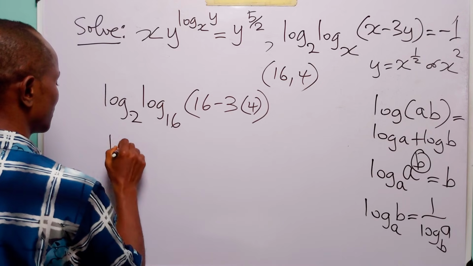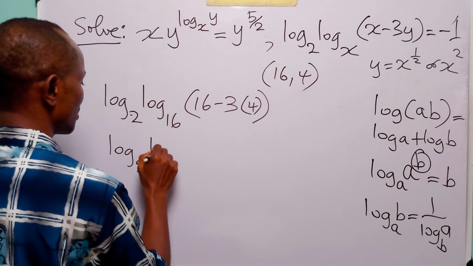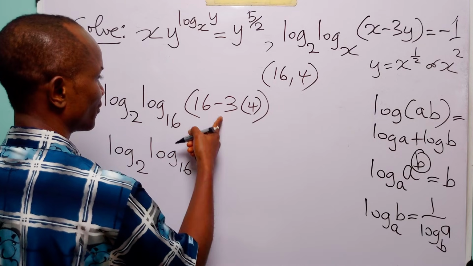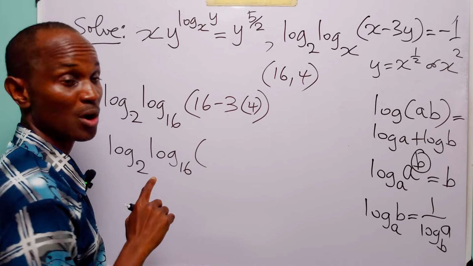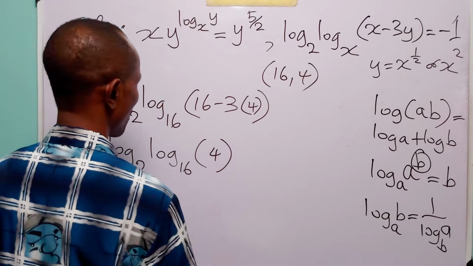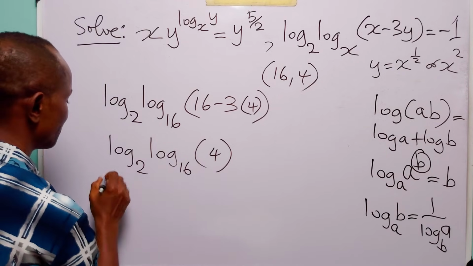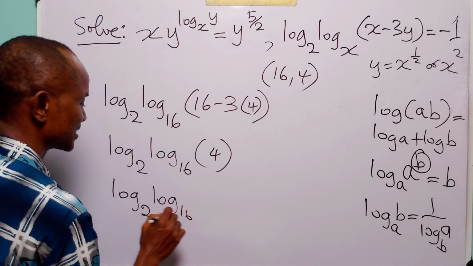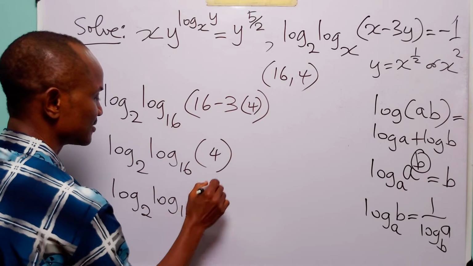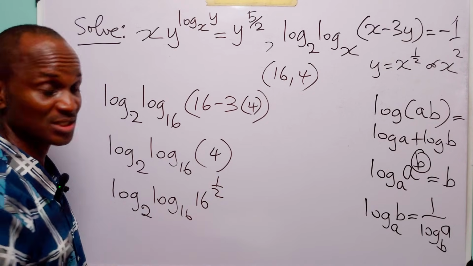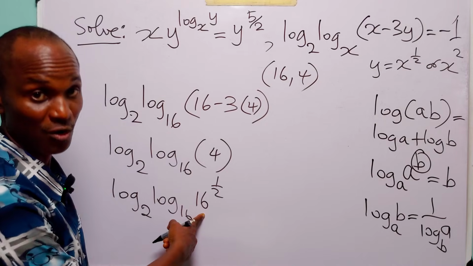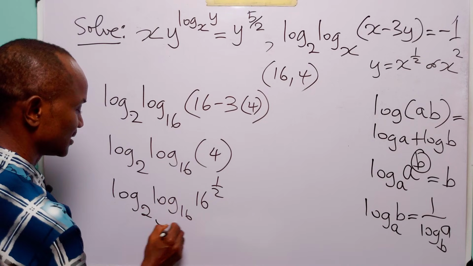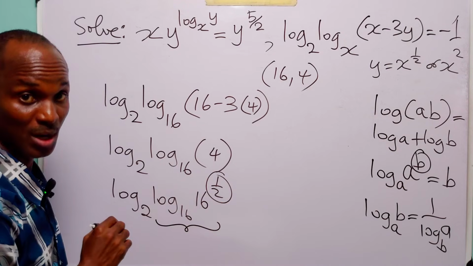So here we have log to base 2 of log to base 16 of 16 minus 12 is 4. This can be written as log to base 2 of log to base 16 of 16 to the power half, because once more, 4 is the square root of 16. We go back to this law. So you can see that this is simply equal to half.